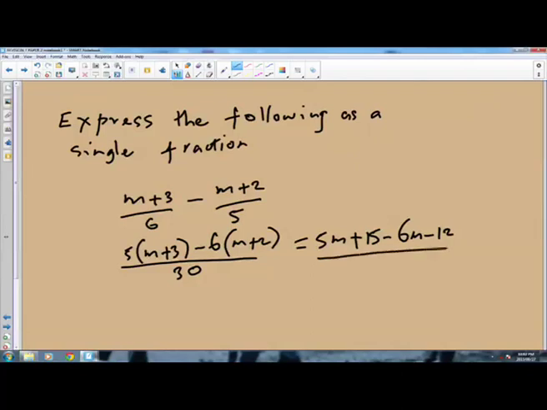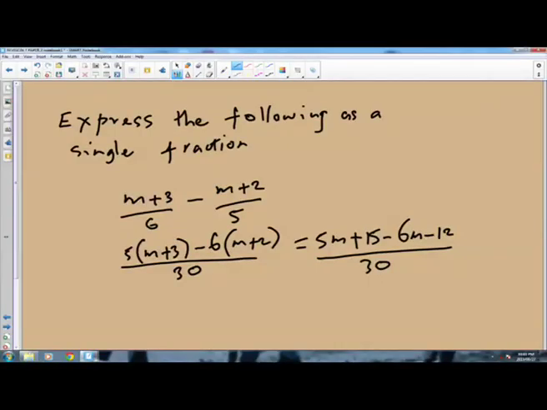The whole thing divided by 30. The minus 6 is multiplying everything inside the bracket, so remember to multiply the 2 as well by minus 6 to get minus 12.